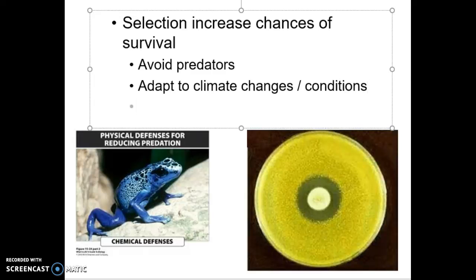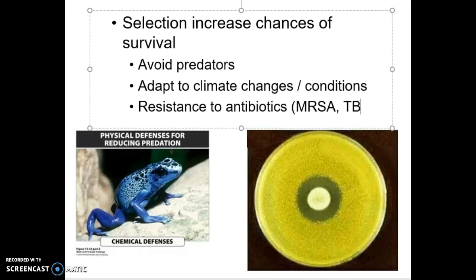And it might give you resistance to pests, predators, etc. In the case of the bacterial dish here, selection gives certain bacteria resistance to our antibiotics. That's why things like MRSA and tuberculosis and all sorts of other bacteria are resistant, because selection increases their chance of survival. It enables them to survive easier because they have adaptable traits.